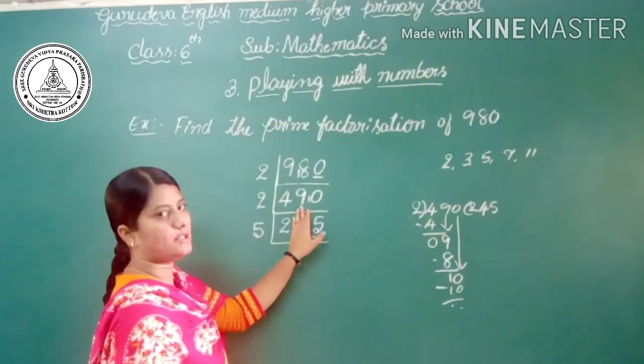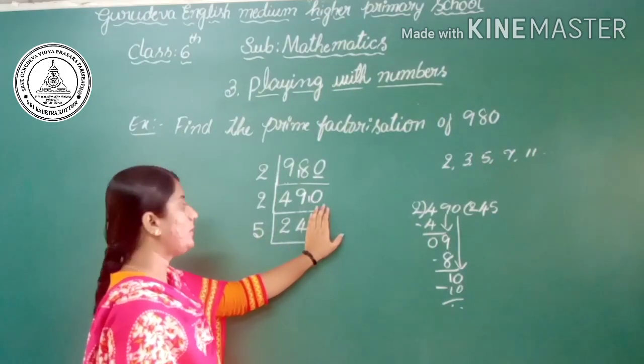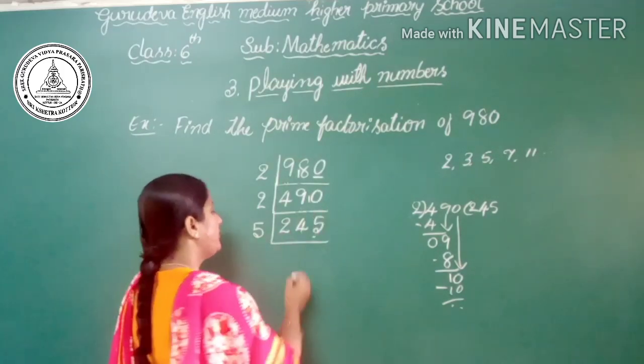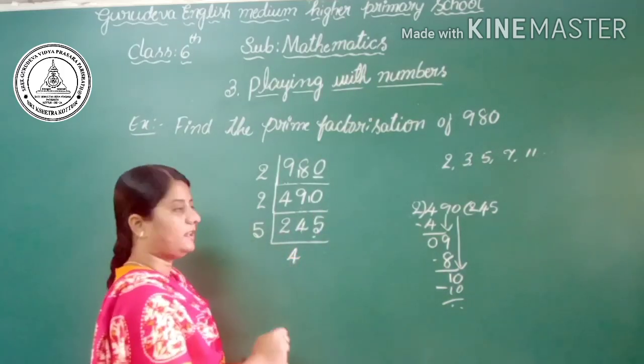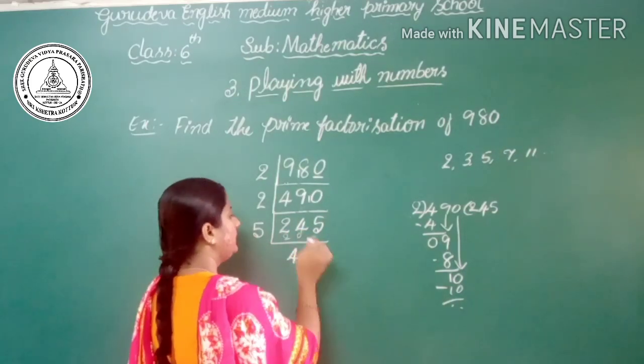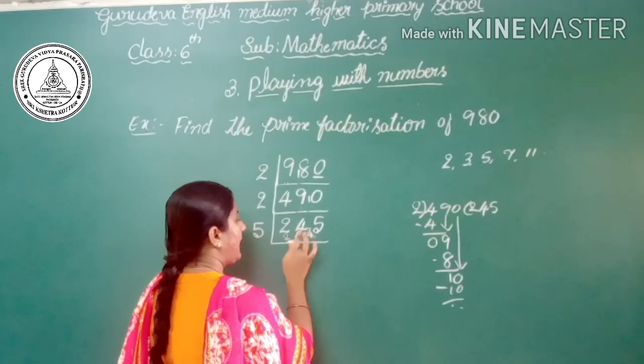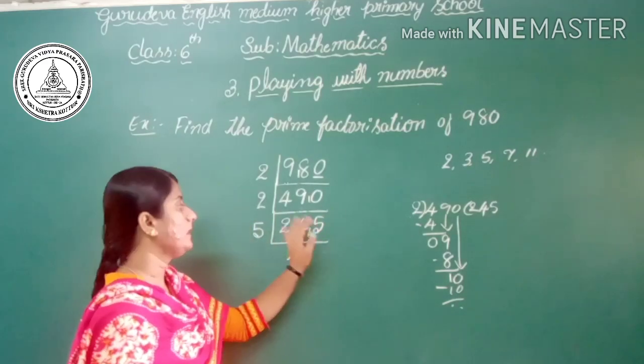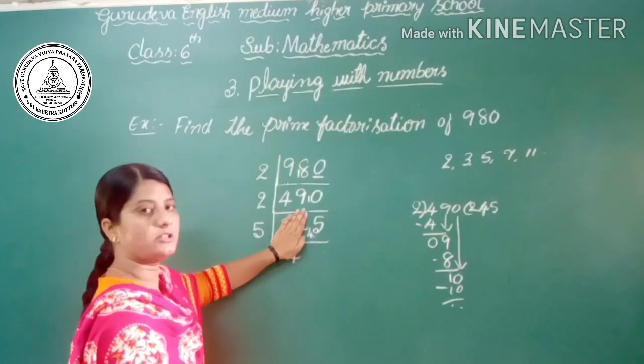So 2 is the smallest number, then take the 2 digits, 24. The nearest number is 5 fours are 20. If I subtract 20 from 24, I get the difference 4. Then add the next number, that will be 45. 5 how much is 45? 5 nines are 45.